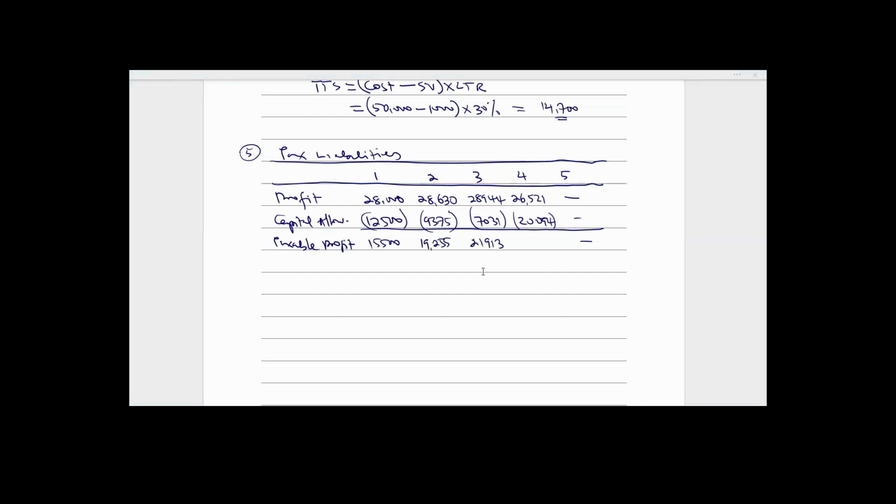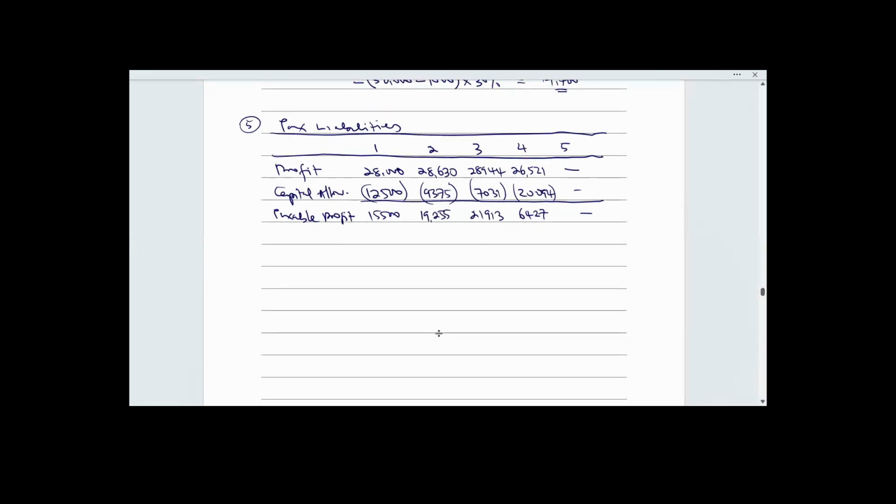Next, 26,521 minus 20,094 equals 6,427. So this is the taxable profit.